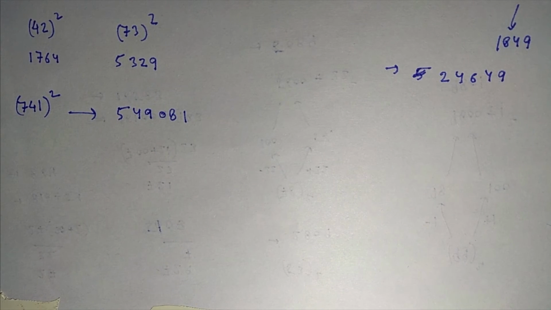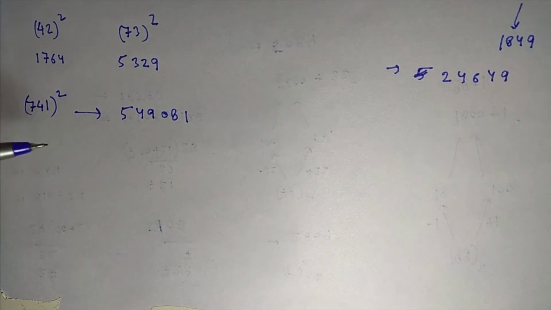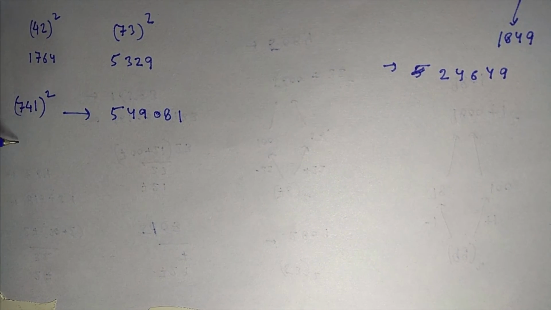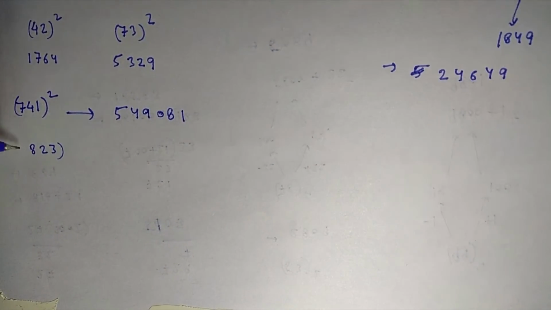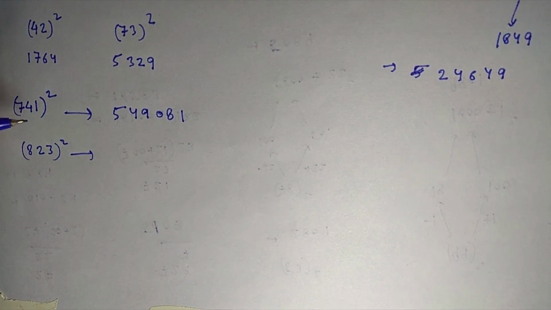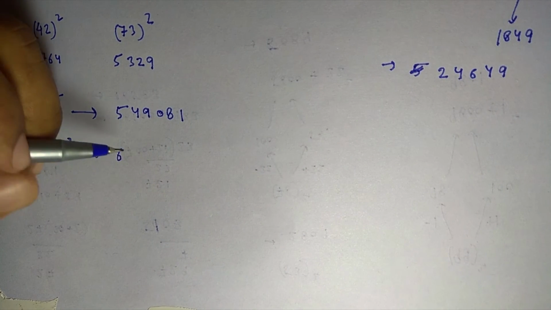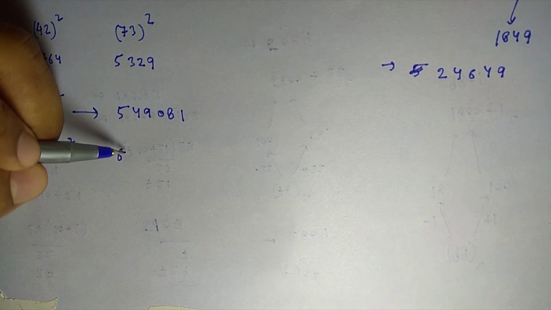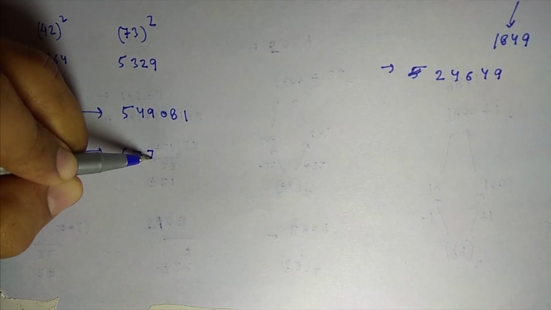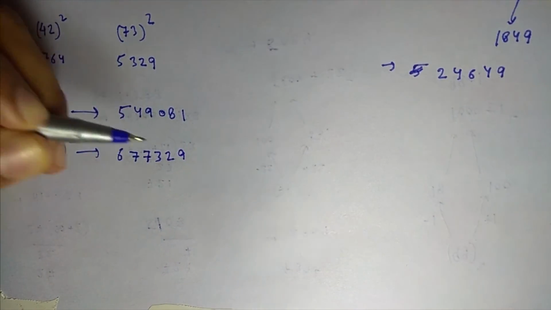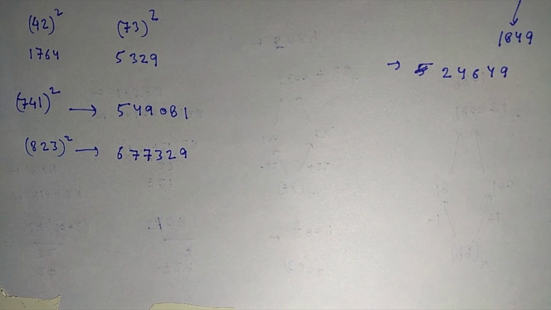Next up, let's see 823 squared. Now 823 squared, let's minus 23 to 800 and plus 23 to 846. 846 times 800 gives me 6 lakh 76,800, and adding 23 squared to it, that is 529. 529 added to 6 lakh 76,800 would be 6 lakh 77,329.